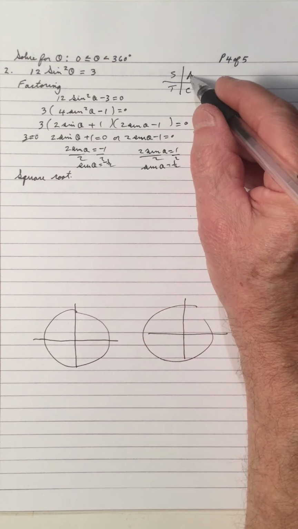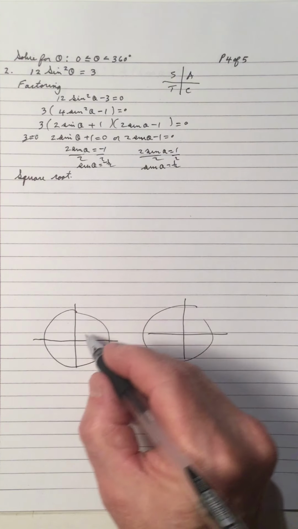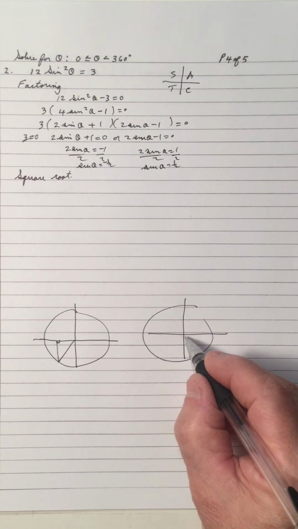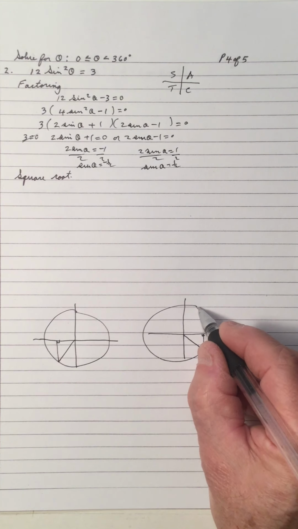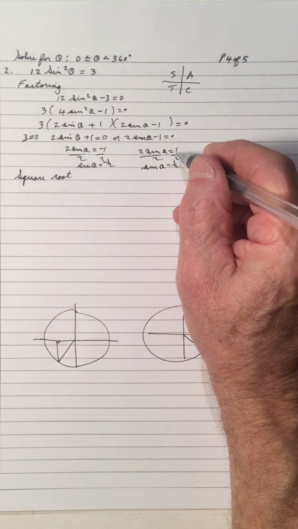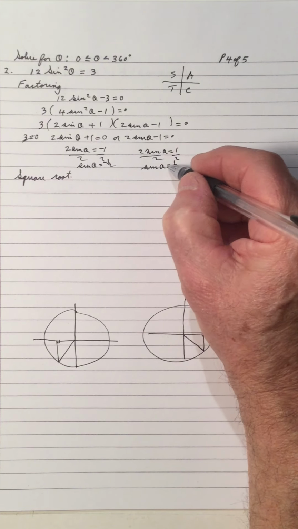Sine is positive in 1 and 2, and negative in 3 and 4. Terminal arm in 3, perpendicular to the x-axis. Terminal arm in 4, perpendicular to the x-axis. And we also have sine is positive, a half.